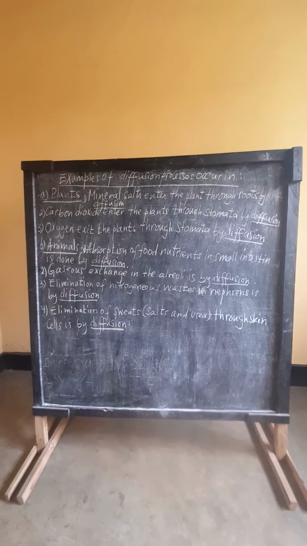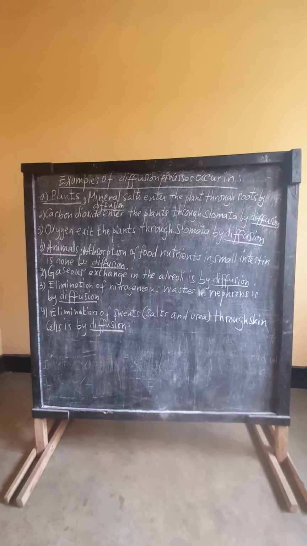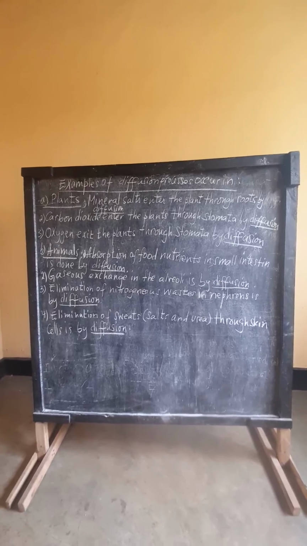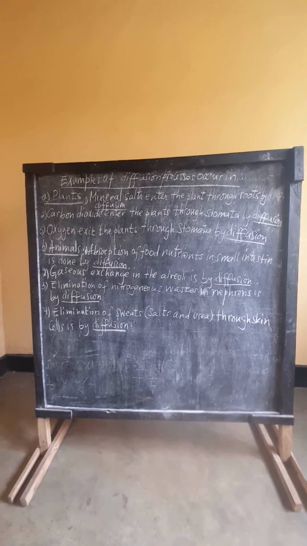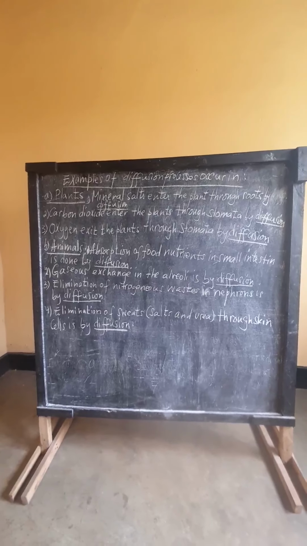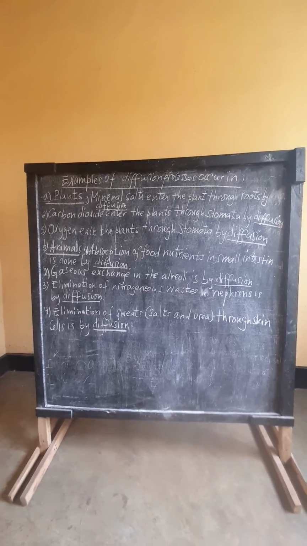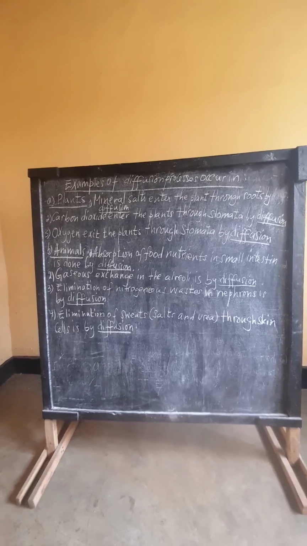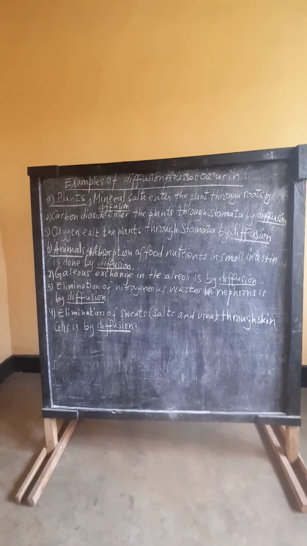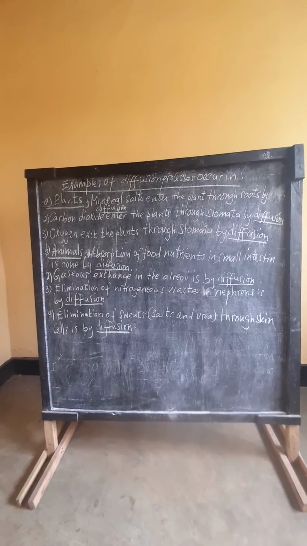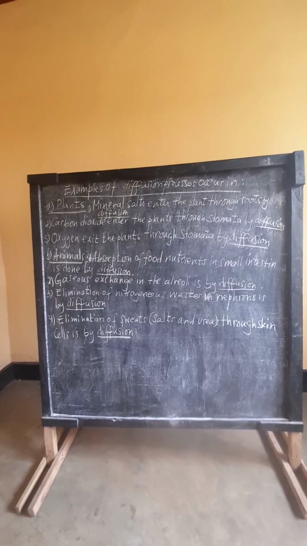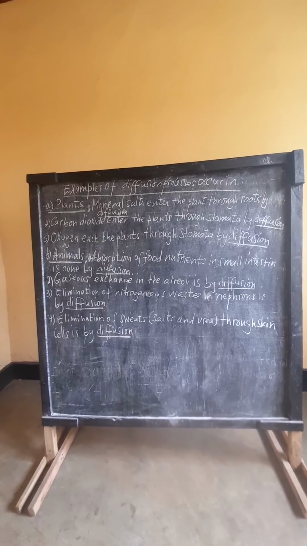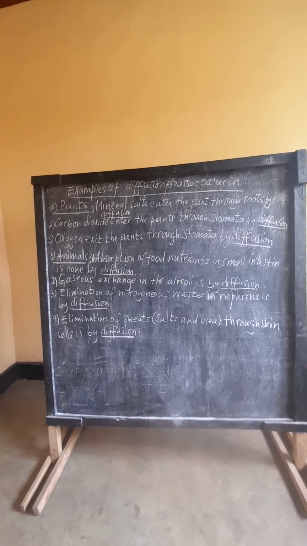And here we have 3 examples of processes that occur in the everyday life of a plant, and they are considered as diffusion processes.